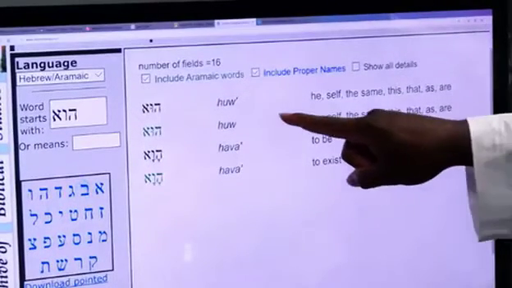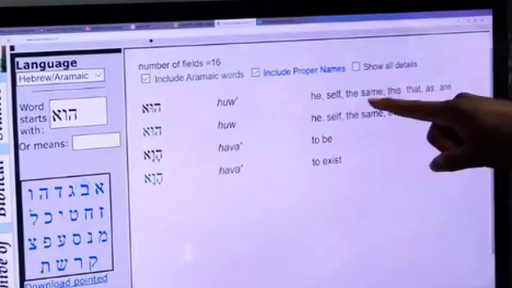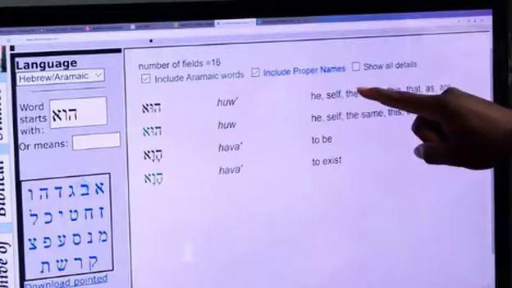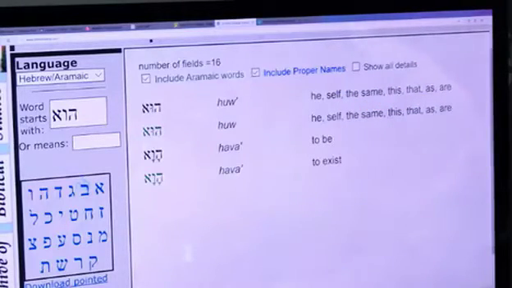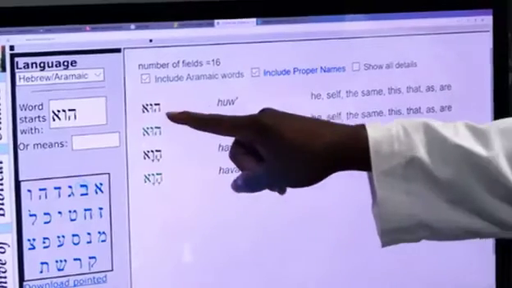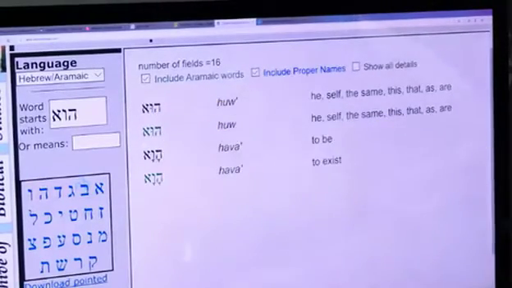As you can see, as we showed you earlier, hawa'a can be translated as he, self, the same, this, that, as, or are. They pronounce it based on the vowel points as who.